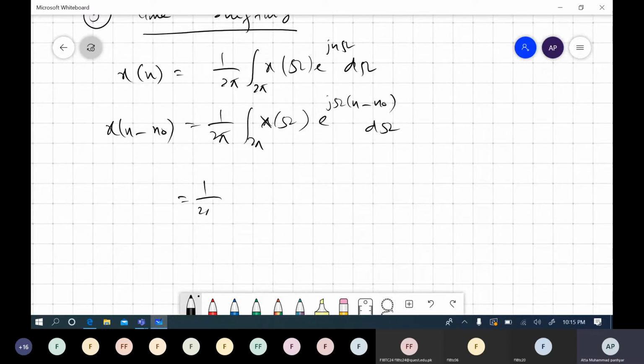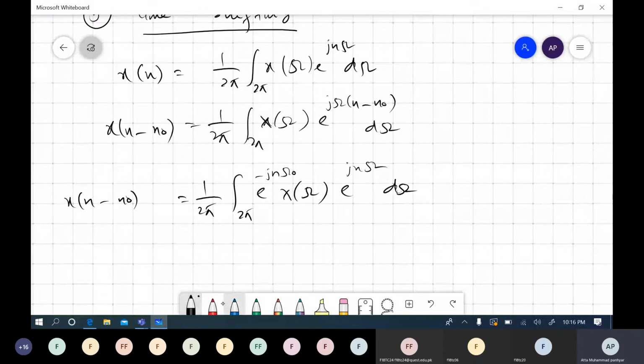So this must be equal to 1 over 2 pi e to the power minus j n omega naught x of omega e to the power j n omega d omega, right? Now this is x of n minus n naught. If we have a time domain signal x of n, its associated transform is x of omega.